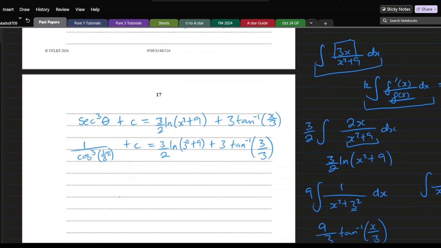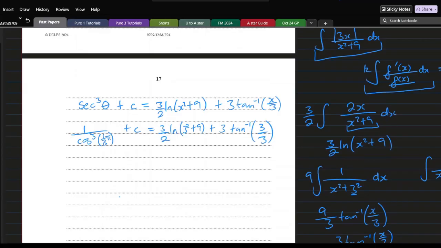Alright, so let's evaluate our left hand side. On the left we've got 1 over cos of 1 over 3 pi, and this is cubed, so this gives us an 8. So we've got 8 plus c is equal to, on the right hand side, 3 over 2 ln of 3 squared plus 9, so that's ln 18, plus 3 arctan of 1, so that's plus 3 over 4 pi.